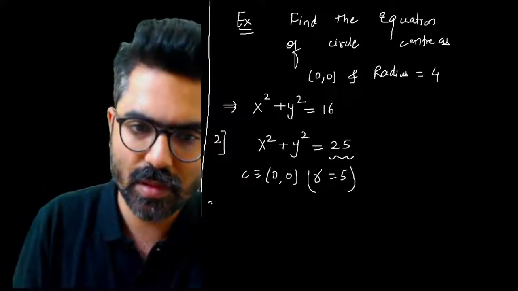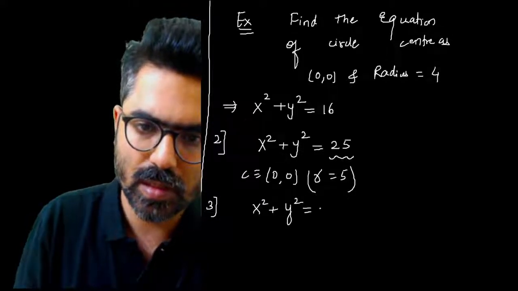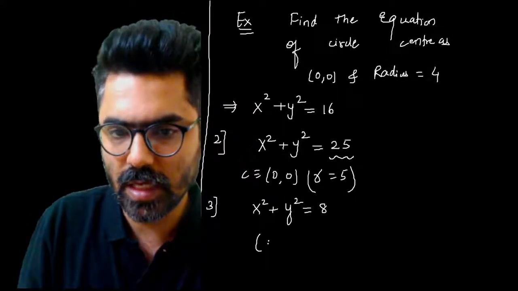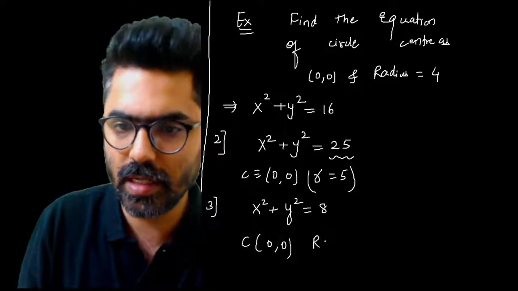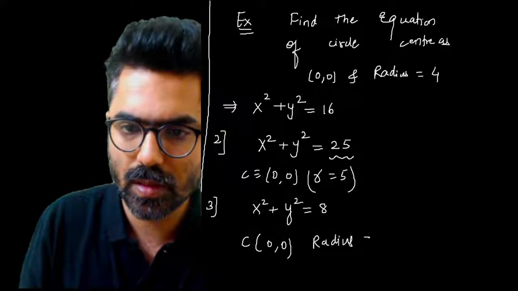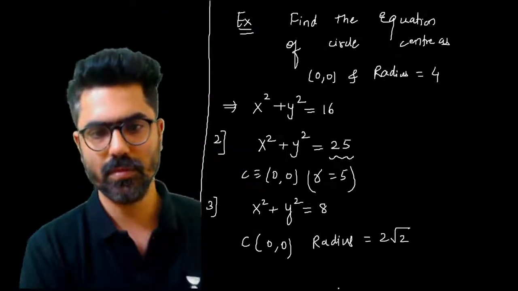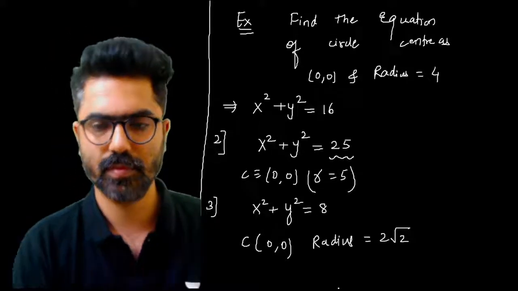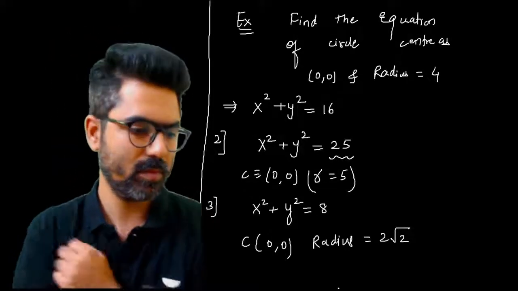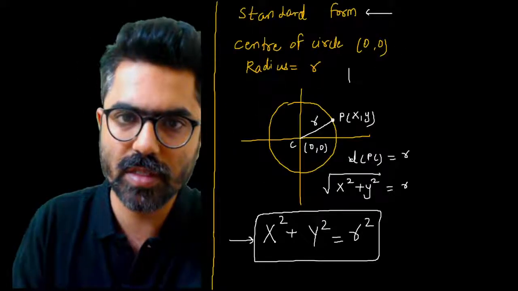One more last example: if it is x square plus y square equal to 8, the center of circle is origin and the radius is 2 root 2. Fine. These are the basic examples that we have taken on the standard form.